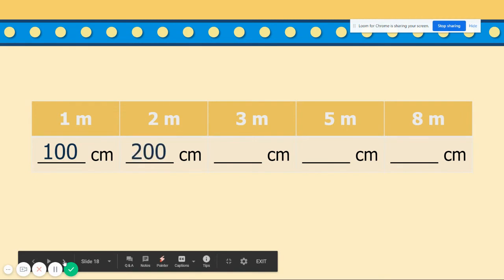So now 200 centimeters equals 2 meters. So we don't have to measure all of these things with different units. It's just skip counting. So we have 100 centimeters equals 1 meter, 200 centimeters equals 2 meters, 300 centimeters equals 3 meters.